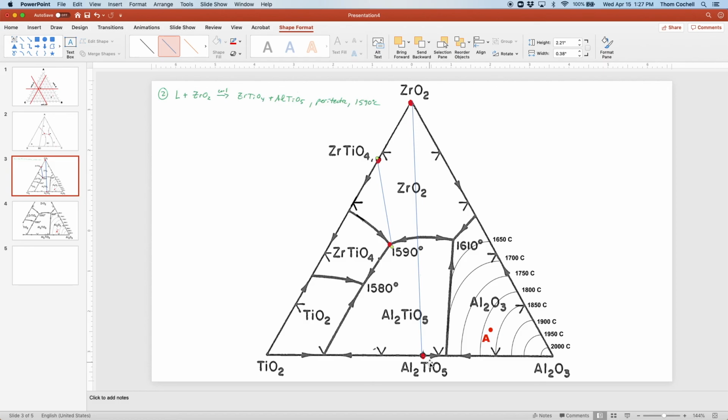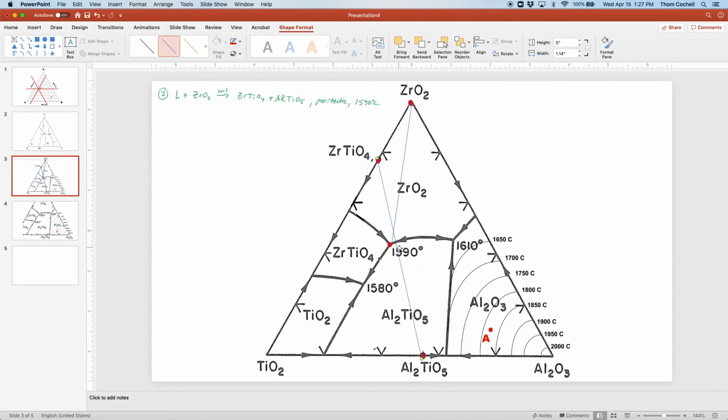But that is not correct, because the purpose of this is we're trying to cross these lines. And that crossing tells us that we're consuming one thing upon cooling, which is the liquid and the other solid, and we're producing the other 2. And so the only way we can do that is if we, for example, have ZrO2 plus the liquid, and then we have the other 2.